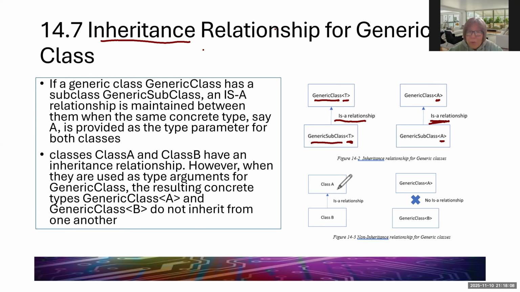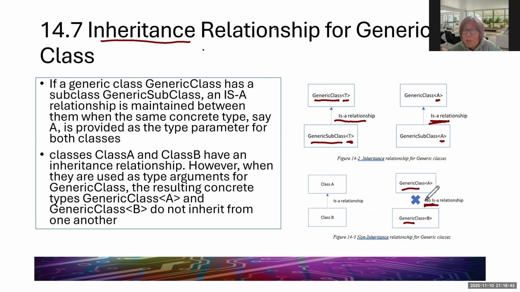But in this scenario, class A and class B have an inheritance relationship: class A is a superclass of class B. Then we have a generic class, and we plug in A in one case and B in the other. Will these two still have the inheritance relationship?